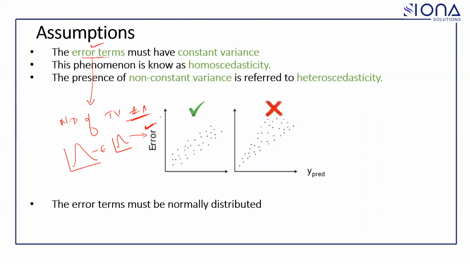Okay, this phenomenon of this assumption is known as homoscedasticity, that is called constant variance. That means when I plot my error with respect to my predicted terms, I need to have constant variance.